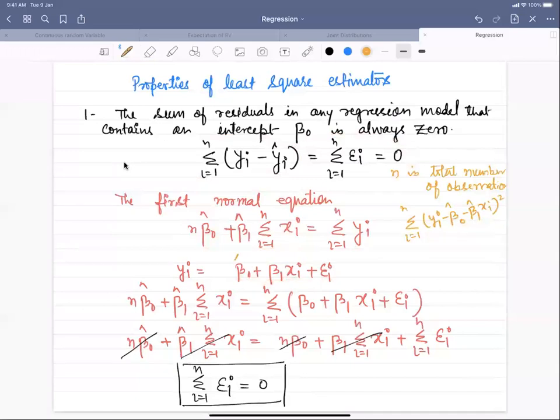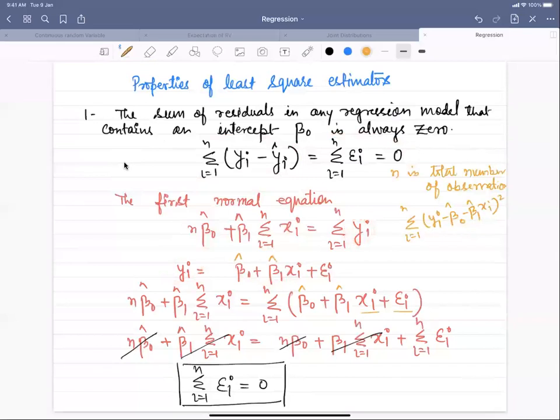I missed putting caps here. That will be equal to, and then we are replacing yi here, summation over i 1 to n of beta naught plus beta 1 xi plus epsilon i.